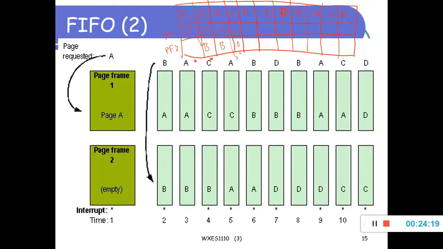This swapping will cause a page fault. Then it goes back to A. Since B is the first in rather than C, B will have to move out. You put A here, and C remains.